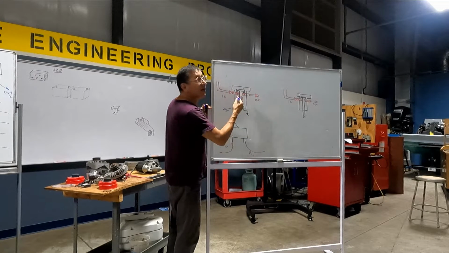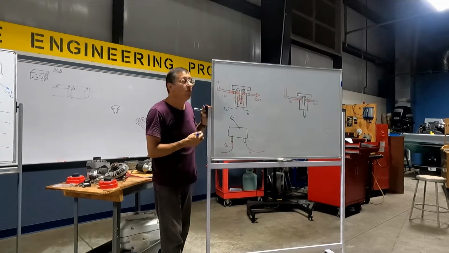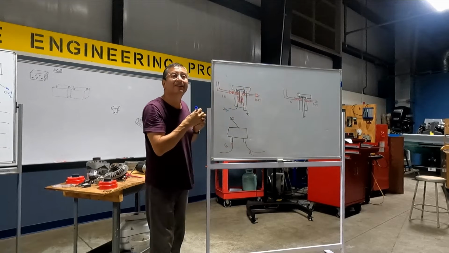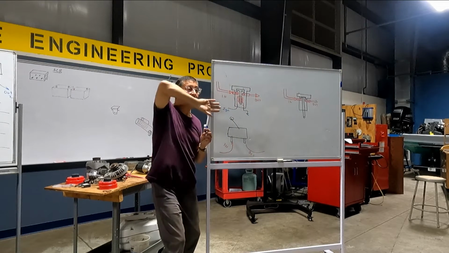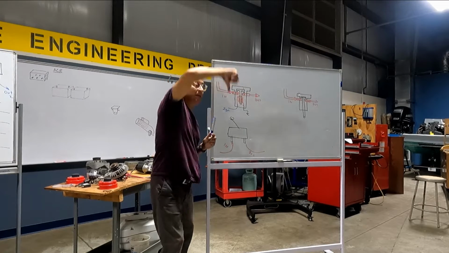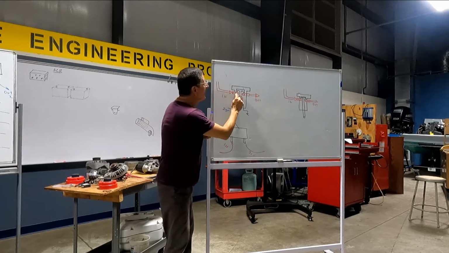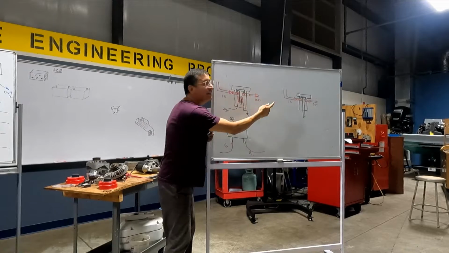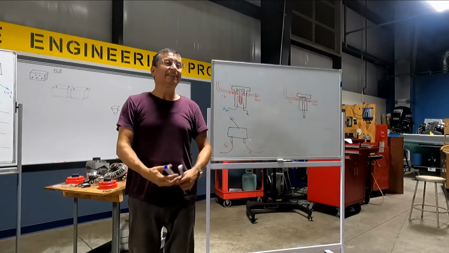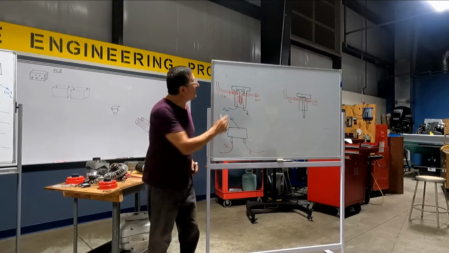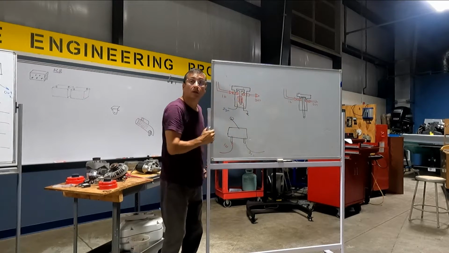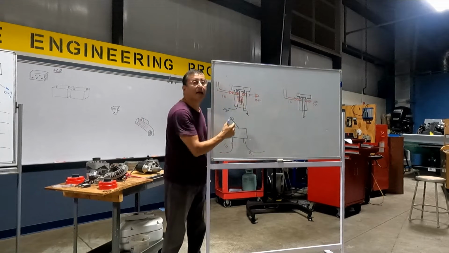What happens when the coil has power? What happens with the piece of iron? Pull it down. It becomes a magnet. And according to the flow of current, the piece of metal goes down and closes the gap, and the current passes. Bingo! This is the relay.